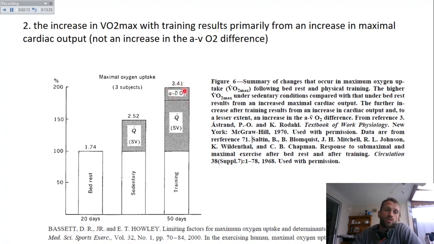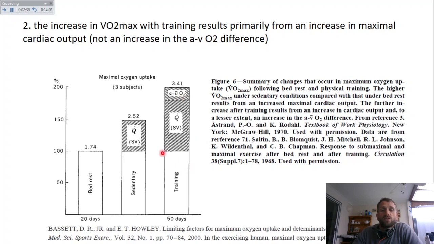So the amount of oxygen that's been extracted from the arterial blood, and how much has been left in the venous blood. So arterial oxygen, how much is in the arterial blood, minus venous oxygen, how much remains. And you can imagine the more you're able to extract might be an indication of better utilization, although it can also be changed delivery as well.